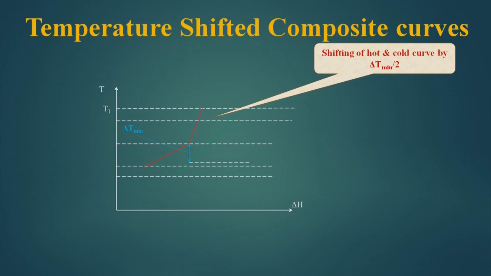In this arrangement, the composite hot stream is vertically shifted downward by an amount delta T minimum by 2, and the cold composite curve is shifted upward by an amount delta T minimum by 2.